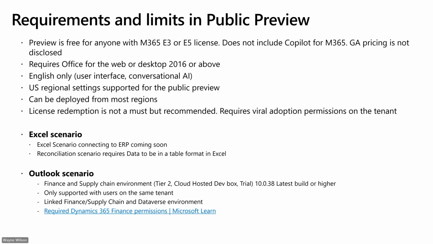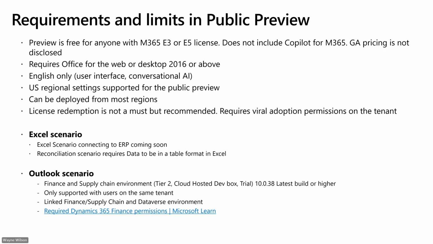From a very high-level scenario, you can use the export to Excel functionality. You will have your data in this Excel sheet. Simply run the Copilot on the existing data. All you need to do is make sure the data is in a table format, so Copilot can run the reconciliation scenarios.